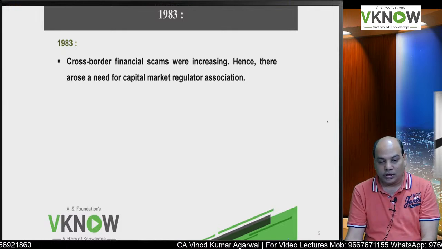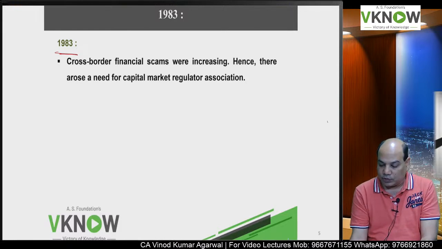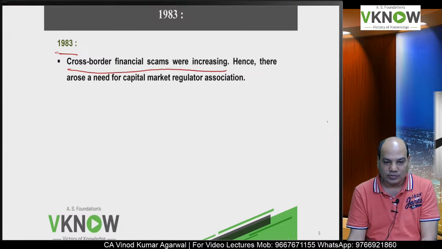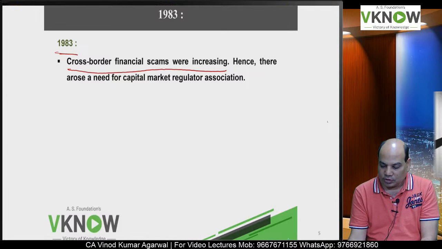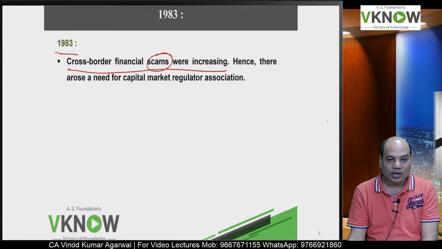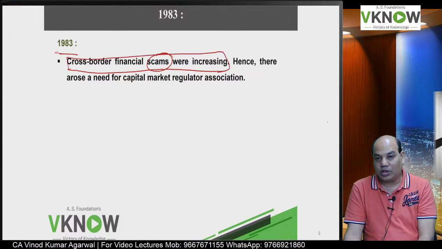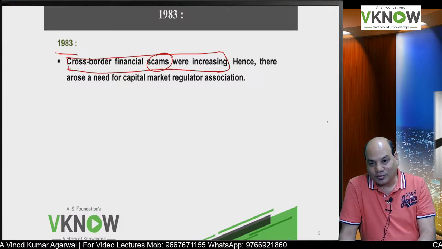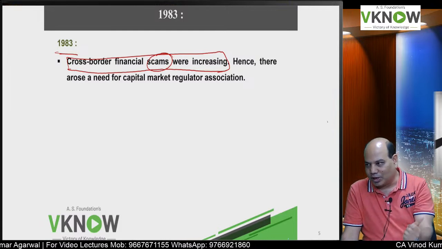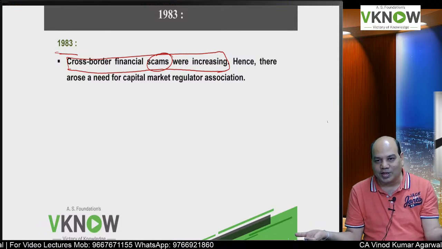Then in 1983, another eventful year, over a period of time, the cross-border financial scams were increasing. Scam is a part of life. Okay. If you think we can avoid it, you are living in a different world. But we can reduce it. Because data was not given in the financial statement, companies were committing frauds, and investors were not aware of what was happening inside the company.